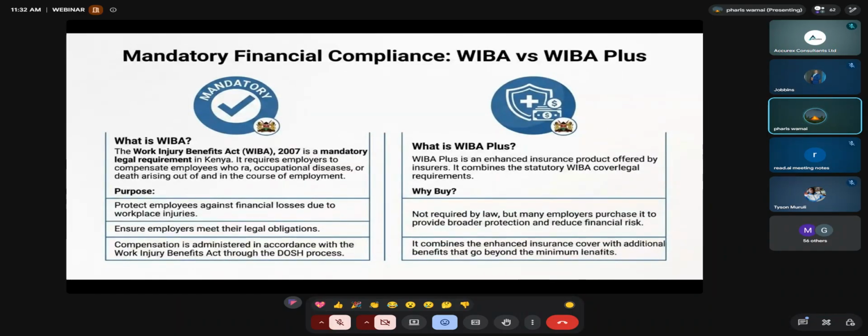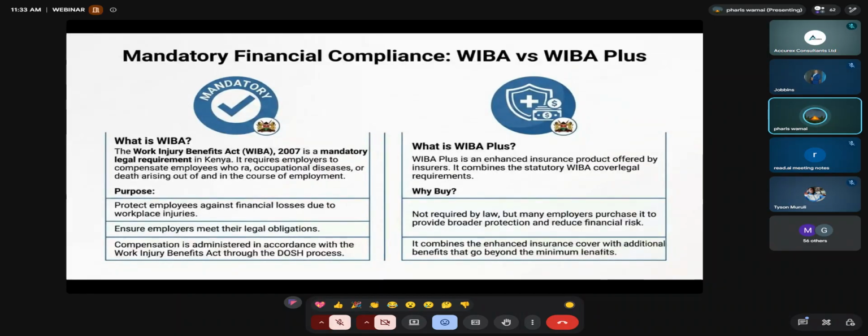But if they were traveling using company-provided transport, maybe a bus, a car, or a motorcycle, then definitely they'll be covered under WIBA. Now, WIBA Plus covers such scenarios because it covers the employee for 24 hours before or after they exit the workplace.